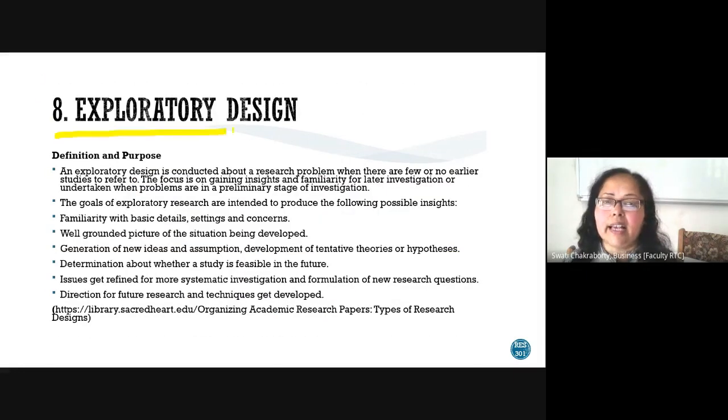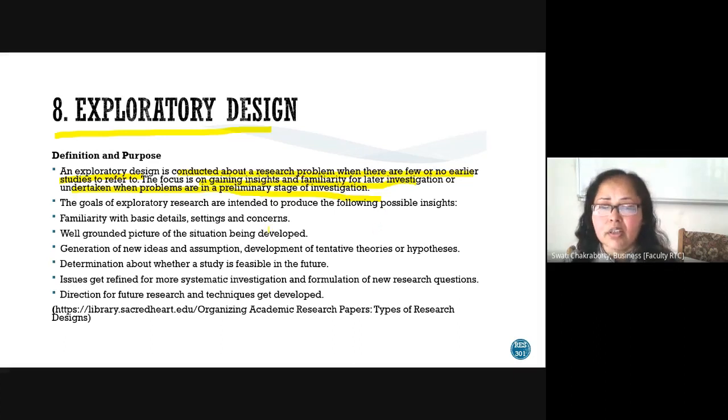Eighth is exploratory, which is conducted about a research problem where few or no earlier studies have been done. So the focus is to gain insights and familiarity for later investigation, or it is undertaken when problems are in a preliminary stage of investigation.